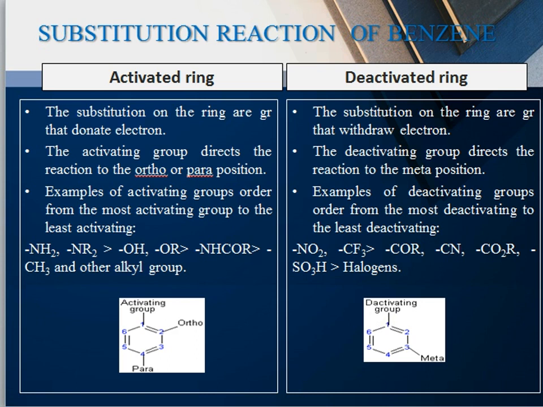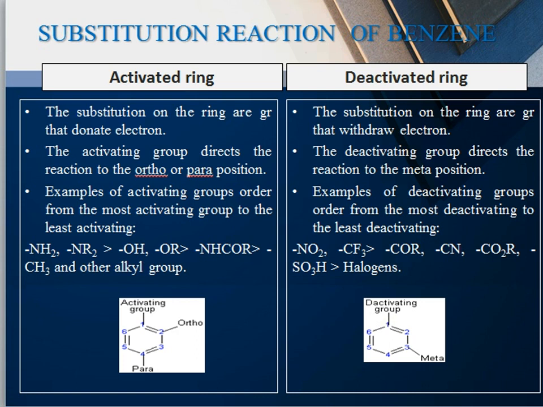Here is the order of activating groups from most to least: NH2, NR2, OH, OR, NHCOR, CH3 and other alkyl groups. So the most activating group is NH2 and the least one is an alkyl group.